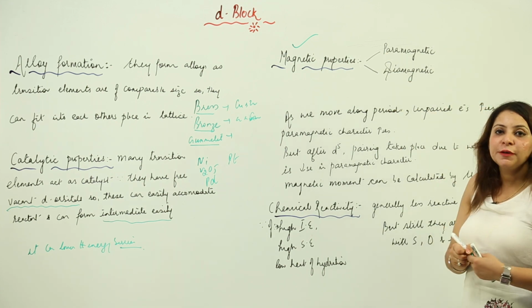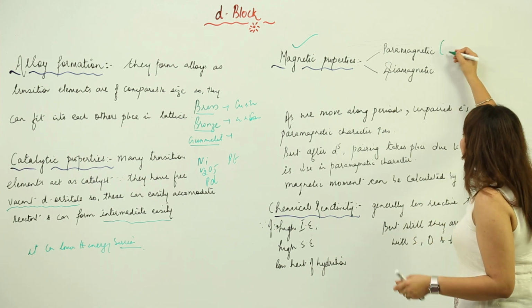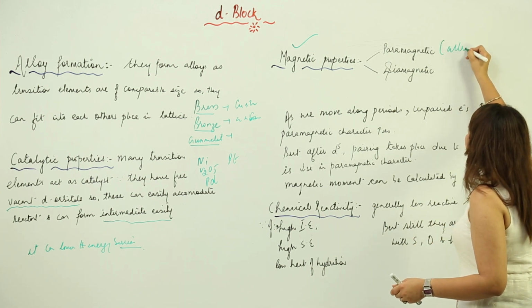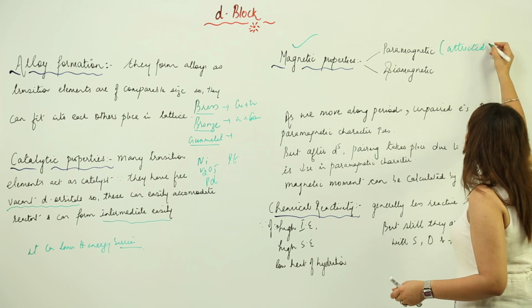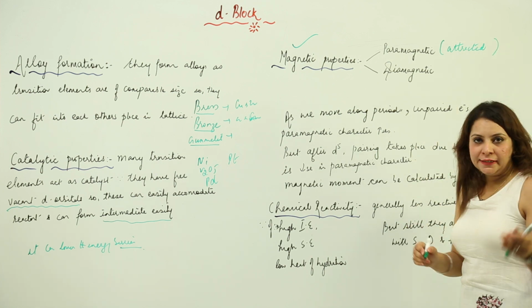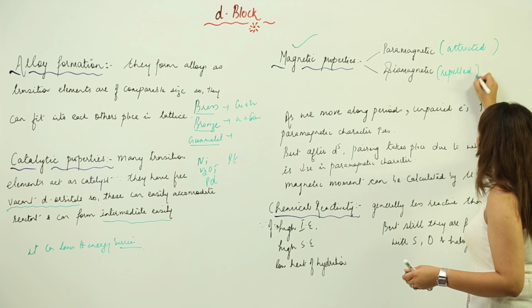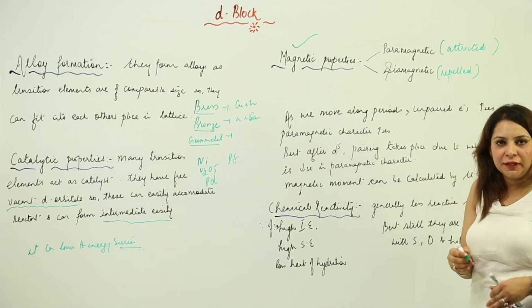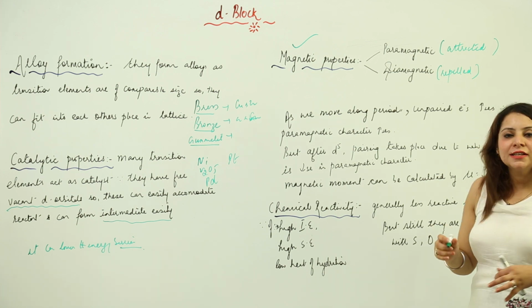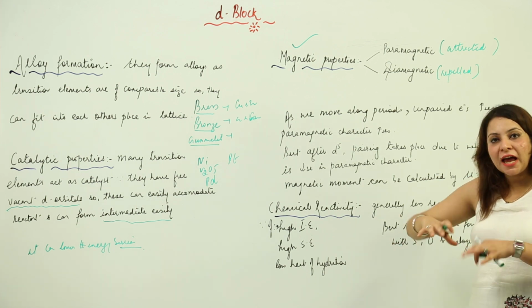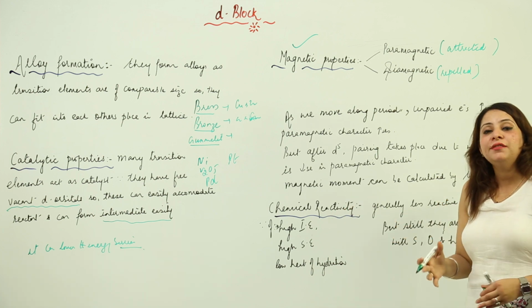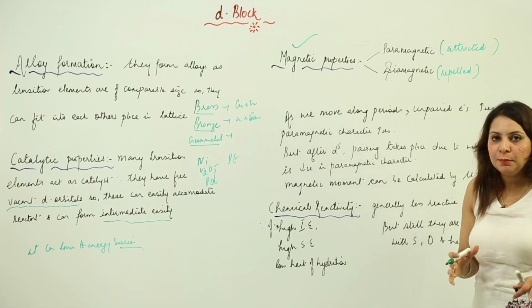What is the difference between the two? A paramagnetic substance is one that gets attracted to the magnetic field, and a diamagnetic substance is one that is repelled by the magnetic field. Or you can say a substance will act as paramagnetic if it has an attraction for the magnetic field, and if it has a repulsion it is called diamagnetic.